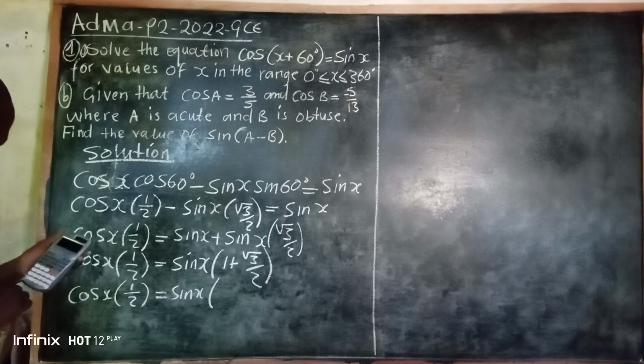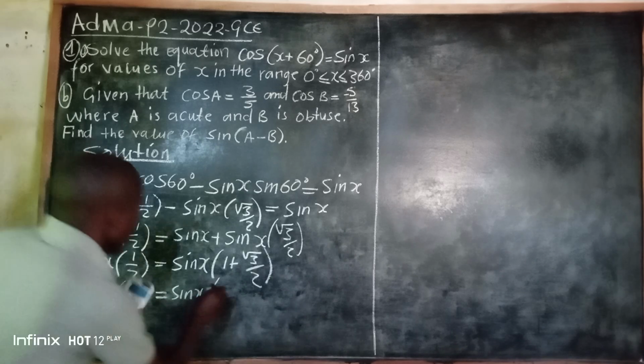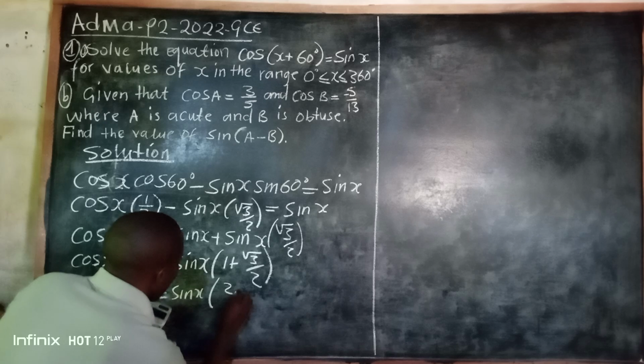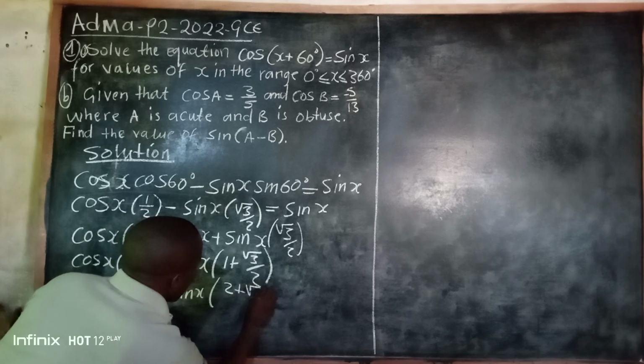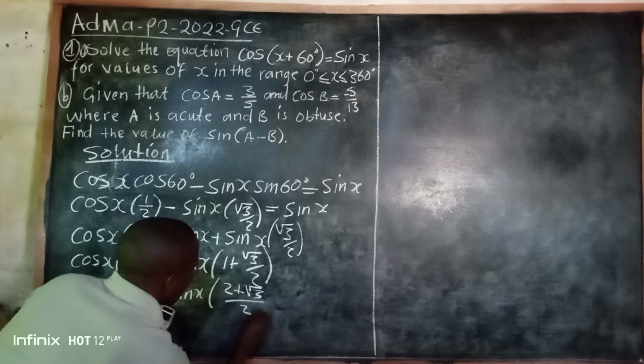Me, I'll just go direct on the calculator so that I can find the answer we need here. So 1 plus the root of 3 over 2, and the answer is 2 plus the root of 3 over 2.